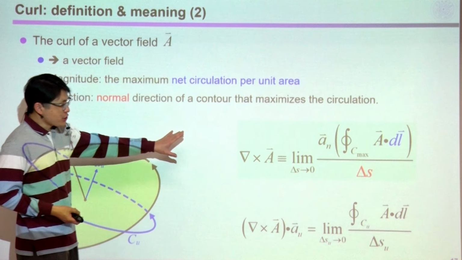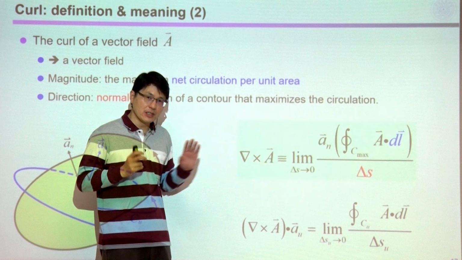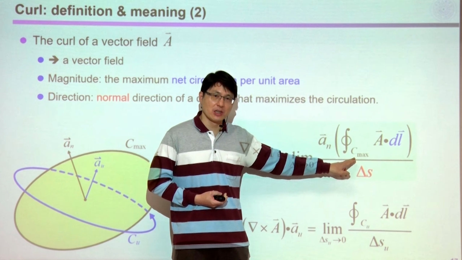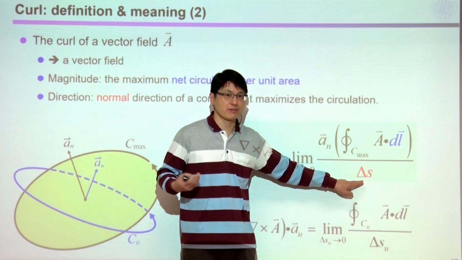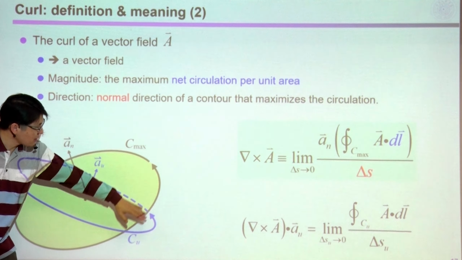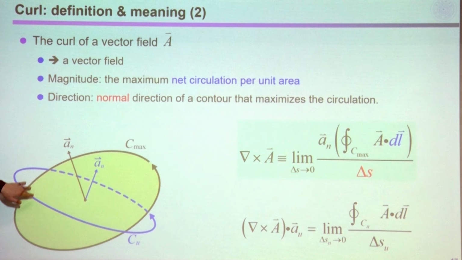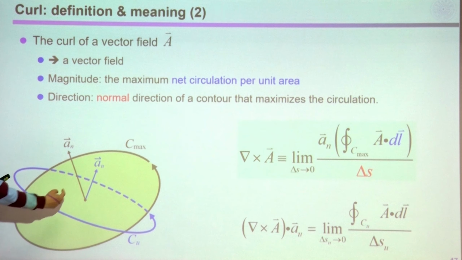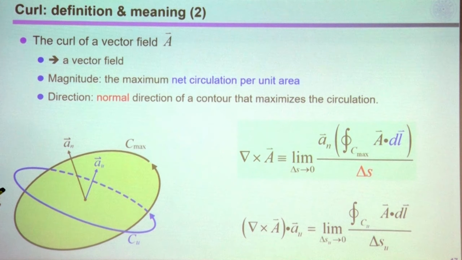the formal definition of curl operating on a vector field is you're trying to find the maximum net circulation over a small surface area. For example, I have some vector field. I want to find the maximum amount of net circulation, so I want to know its direction as well as the magnitude.